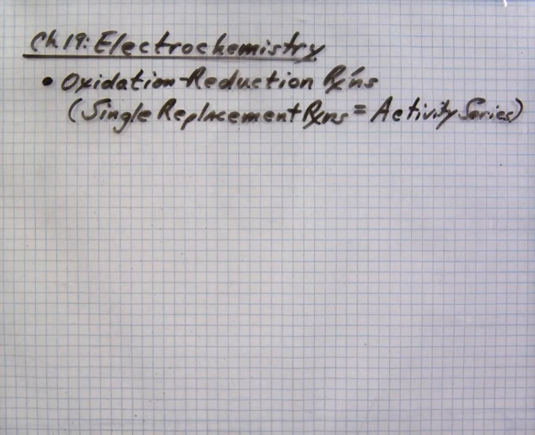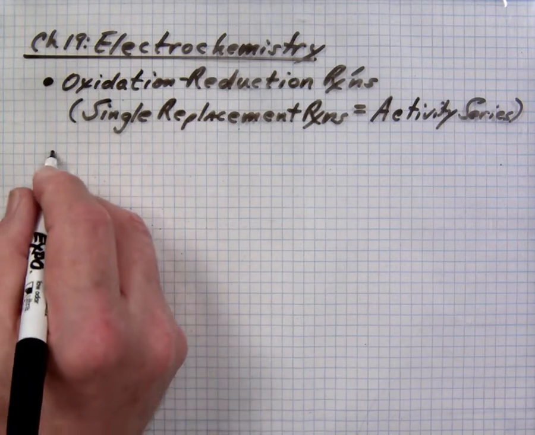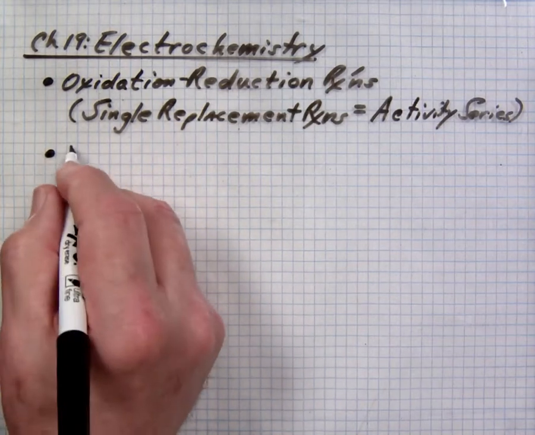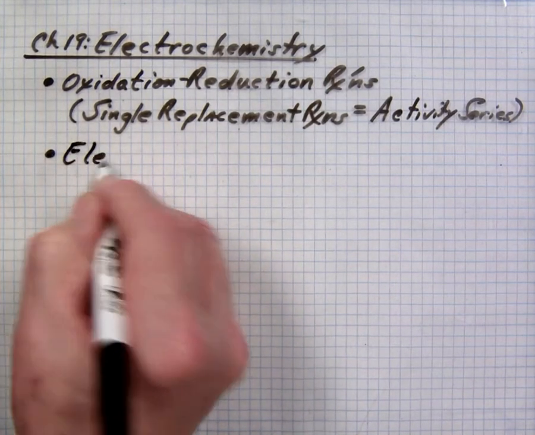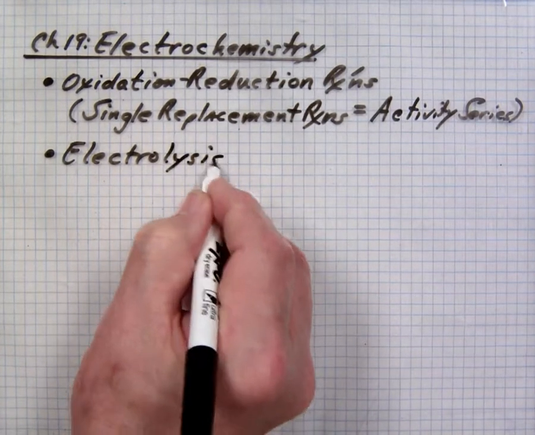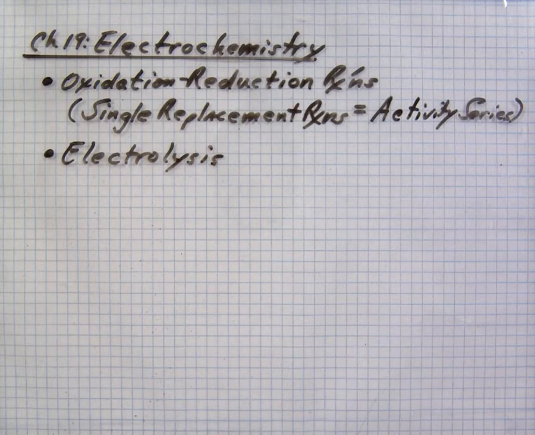of elements, as well as the reduction potential table that we'll use extensively to evaluate the electrochemical process. Once we've reviewed that, we want to look at electrolysis. This is the process of driving a chemical reaction using electrical energy.